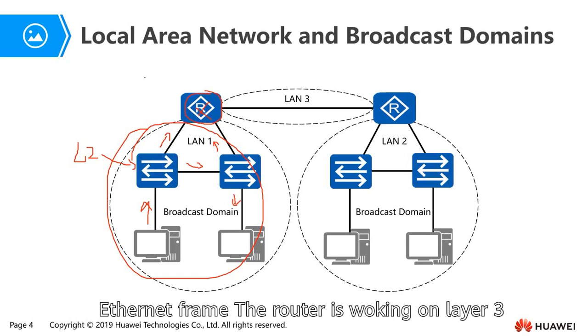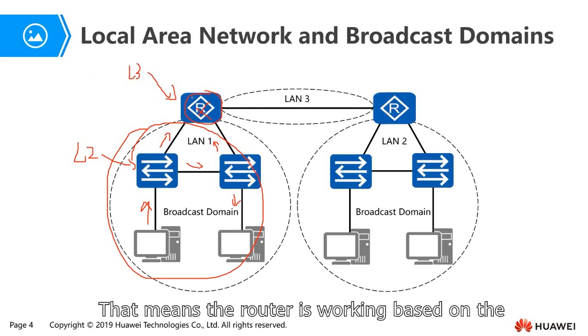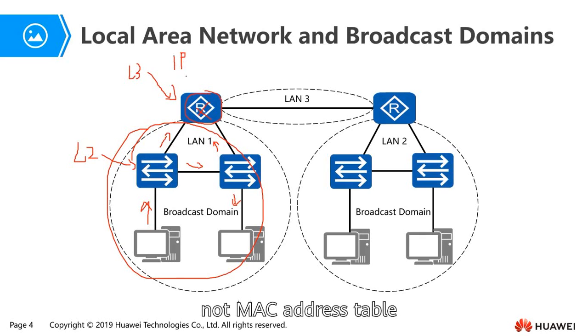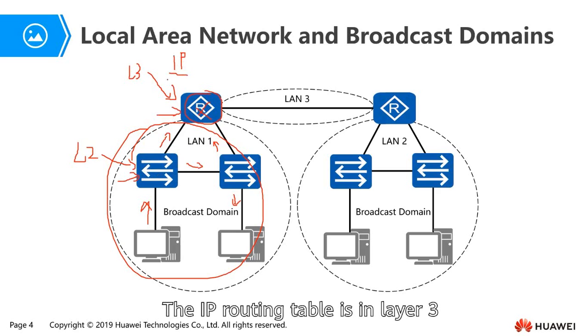And the router works on layer 3. Layer 3 means the router works based on the IP routing table, not the MAC address table. The switch uses the MAC address table, and the router uses the IP routing table.